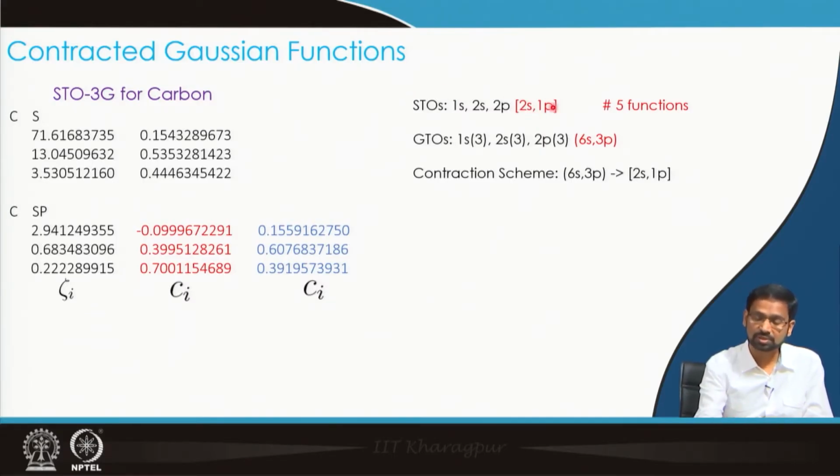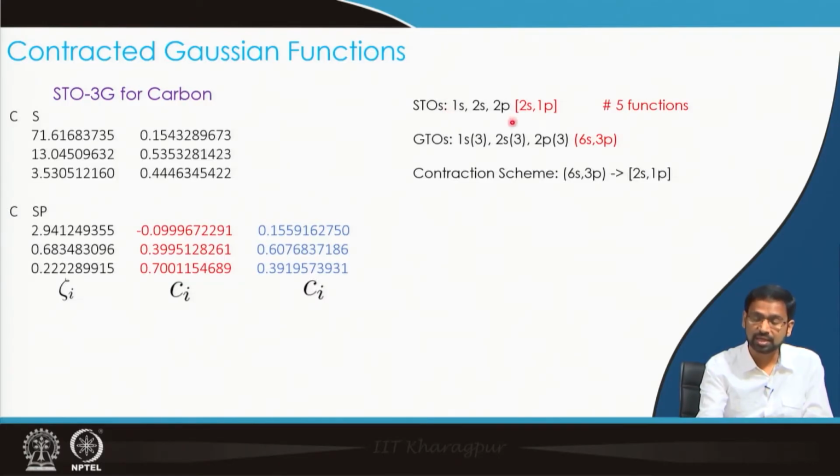Since we are talking about Slater type orbitals, this together is given in the square bracket as [2s 1p]. This is the definition of how many Slater type orbitals we are representing in this particular basis form. When I represent it this way, I take one Slater type orbital for each atomic orbital, including the core as well as the valence.